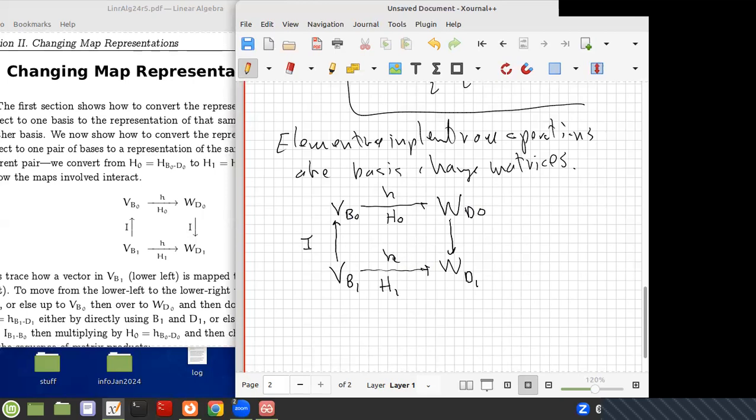Well, I can calculate H1 in two ways. One is directly, the way we've done it. The other is I can take a vector here, transform the vector to this basis here, and implement the same map.